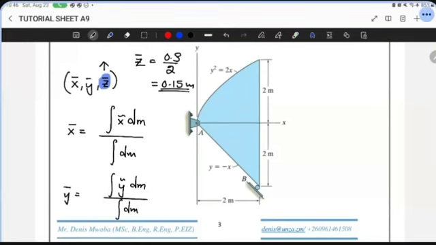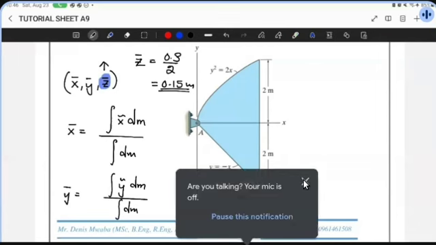Okay. So here we have to determine what dm is, and we also have to determine what x tilde and y tilde are. Once we have those, it becomes easy for us to work this problem out.